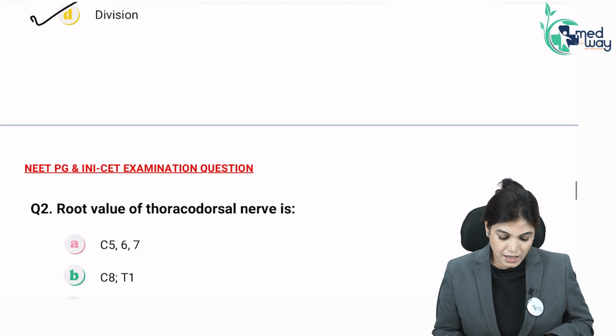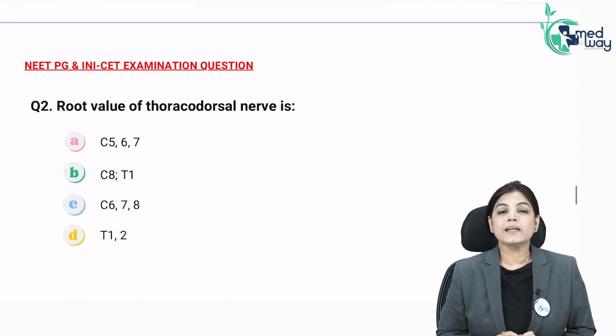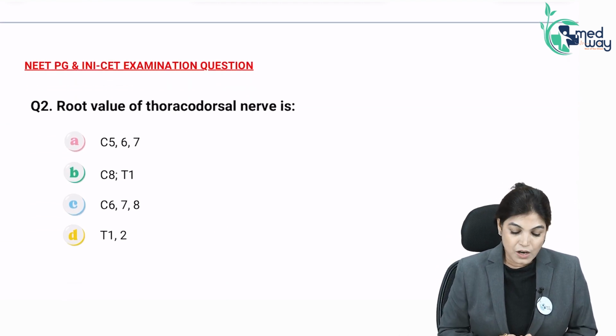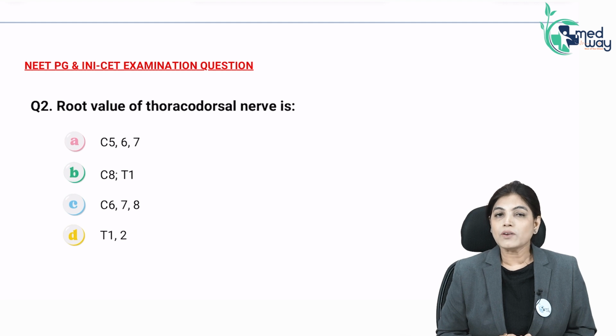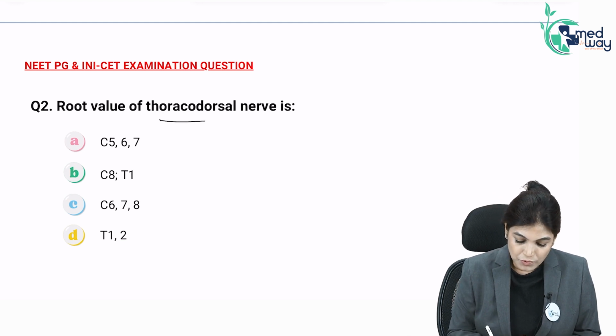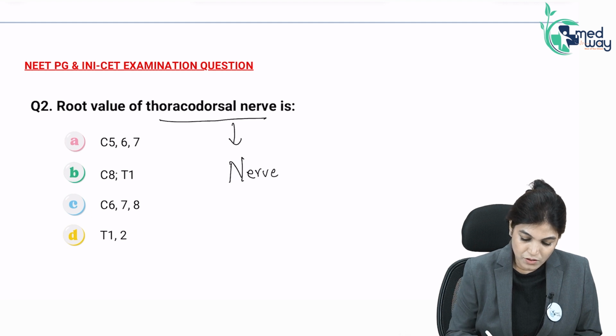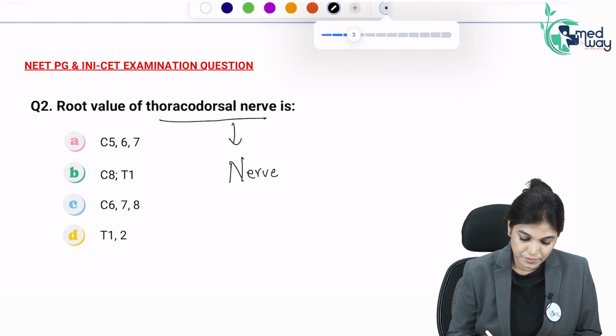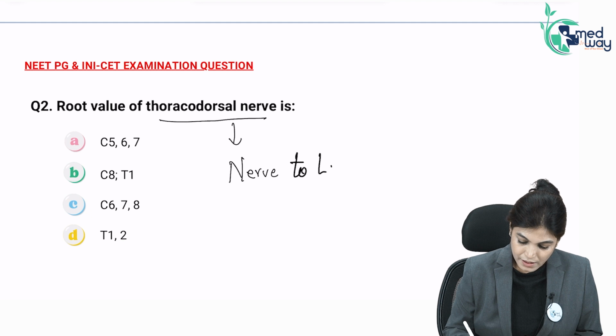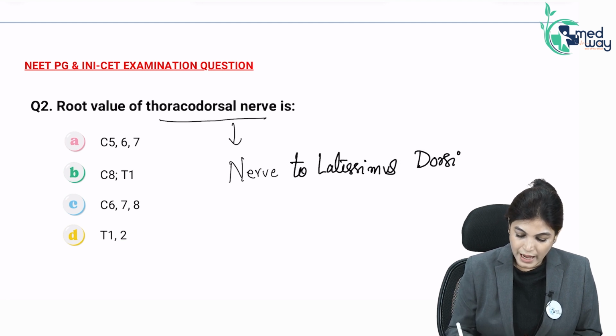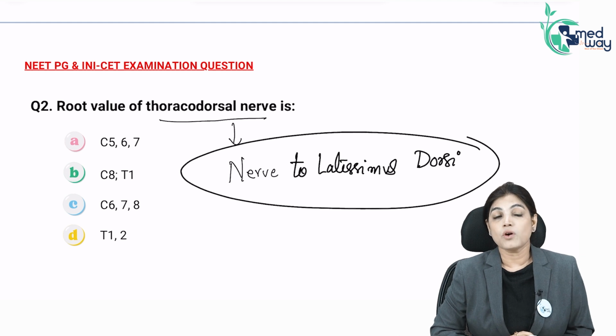Before that, I would also like to solve another MCQ related to the topic of brachial plexus: the root value of thoracodorsal nerve. The other name of thoracodorsal nerve is nerve to latissimus dorsi muscle, and we know that latissimus dorsi muscle contributes in the formation of the posterior wall of axilla, with an action of adduction, medial rotation and extension.